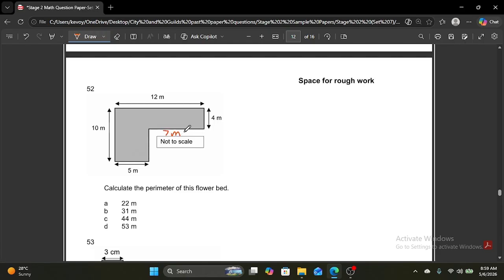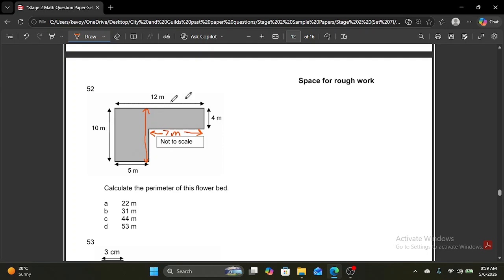And what about down here? So the full length from right here going right up here is 10 meters.